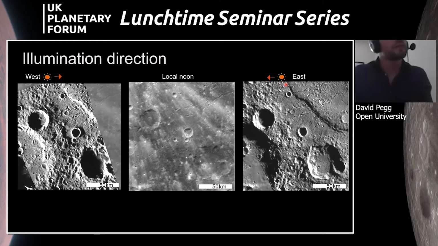Likewise, this cliff along here is much more defined in this illumination, whereas on this side it's all in the sun, and so it's oversaturated. So we basically need to use both to make sure that we can see the inside of craters and identify all of them. Finally, we use local noon, and you can see what I mean about the lack of shadows.